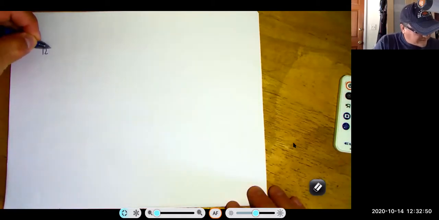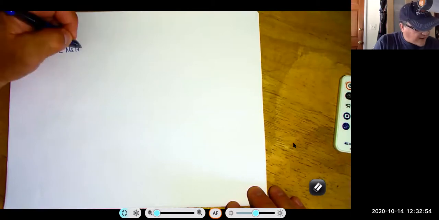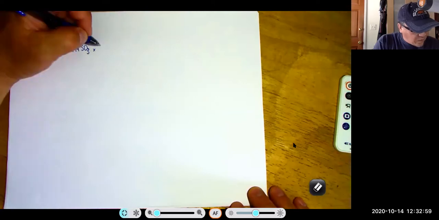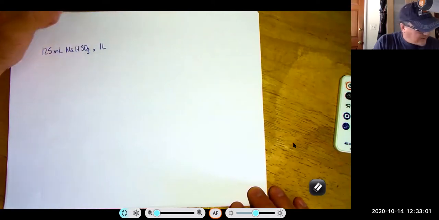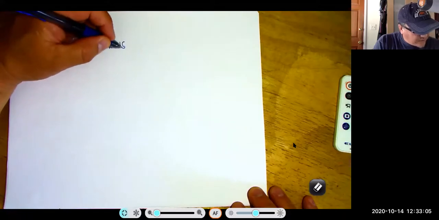So for this one here, I'm going to start off with 125 mils of sodium hydrogen sulfite. And then I'm going to multiply by 1 liter of sodium hydrogen sulfite.